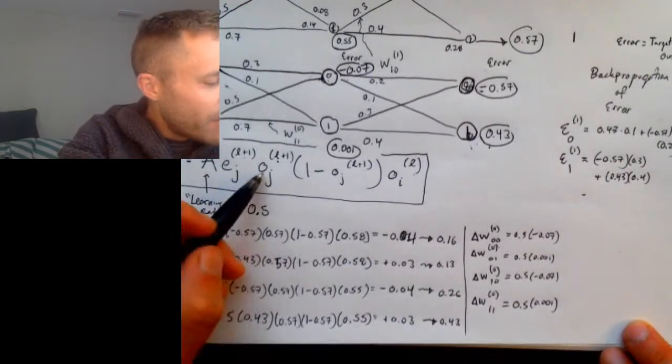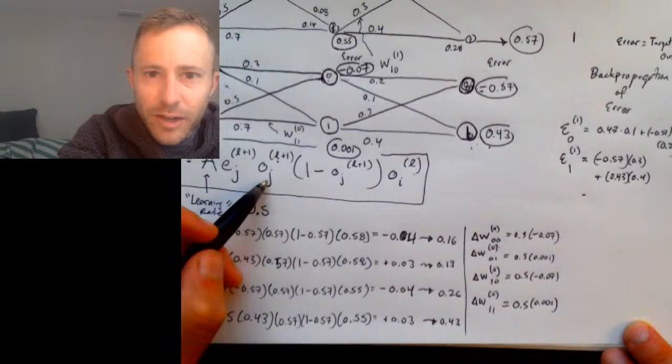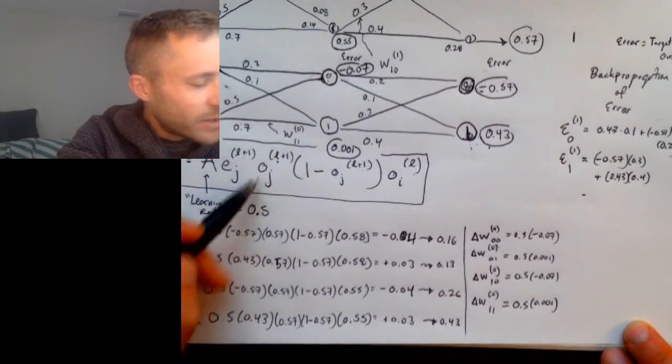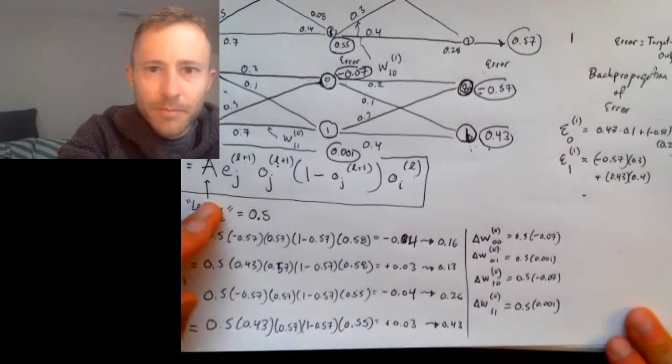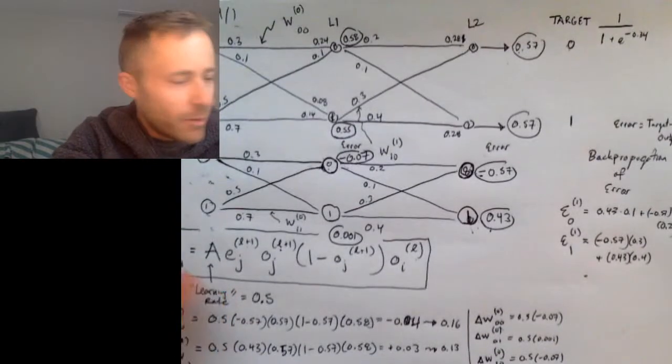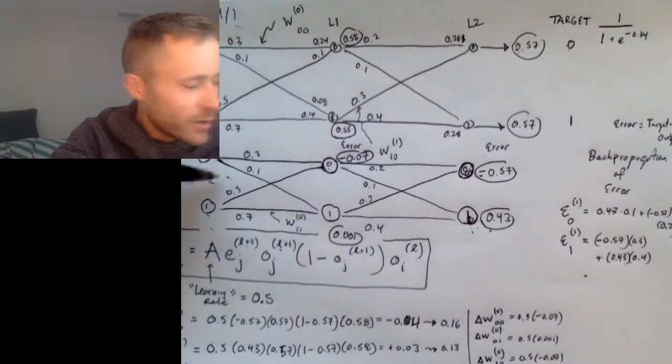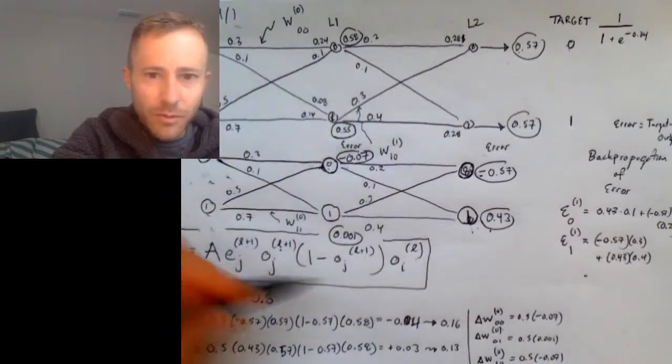Then I have the output of the second neuron, or sorry, of the second index in the layer in front. So these were the outputs of the layer in front of the 0th layer. Okay, so that's what these are referring to.